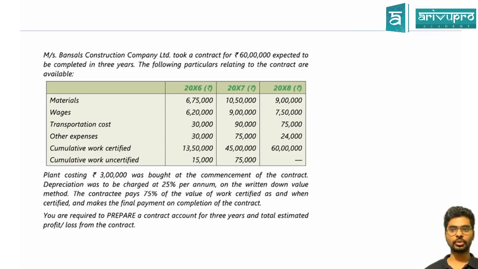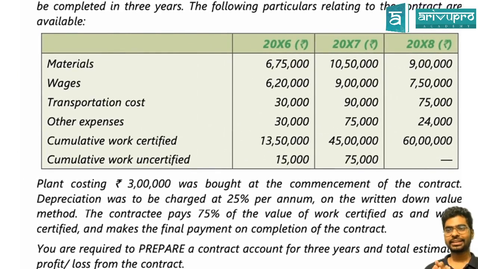The few things we need to understand are pretty simple. Now, let me go one by one. What is the contract price? 60 lakhs. Now, let me run through it very easily.